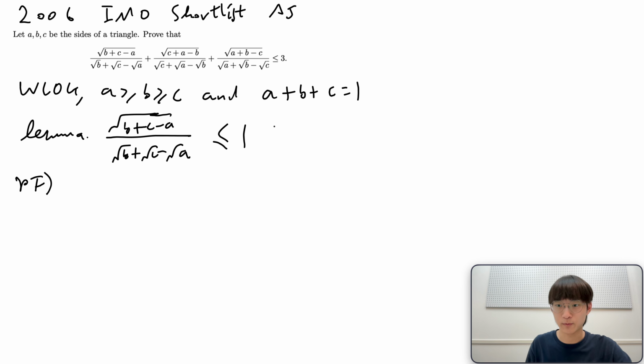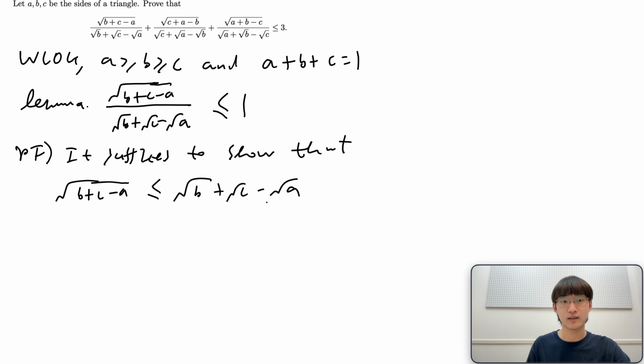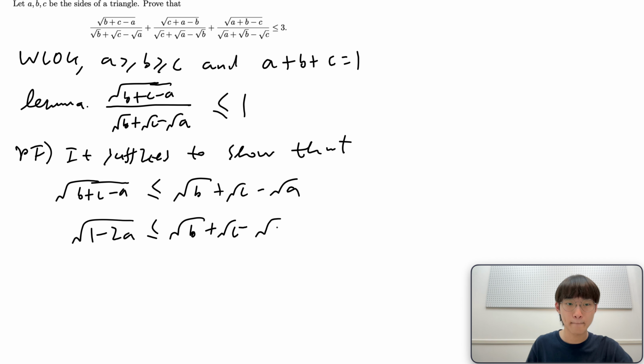Because a plus b plus c equals 1, it suffices to show that root of b plus c minus a is less than or equal to root b plus root c minus root a. Let's continue from here. We know b plus c equals 1 minus a, so we want to prove root of 1 minus 2a is less than or equal to root b plus root c minus root a.